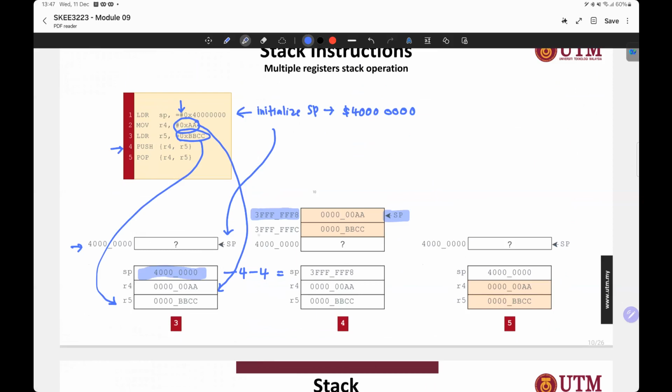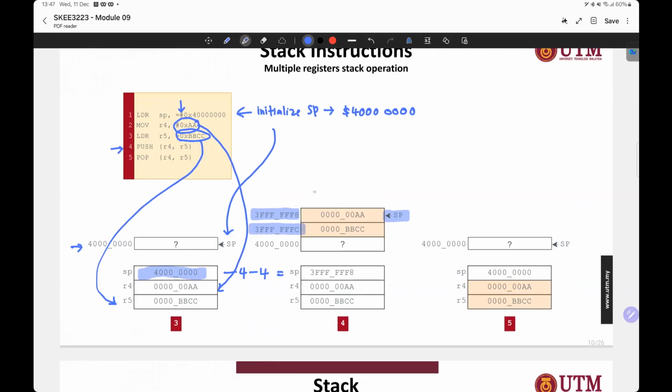The first address is 3FFF8 and the second address is 3FFFC.